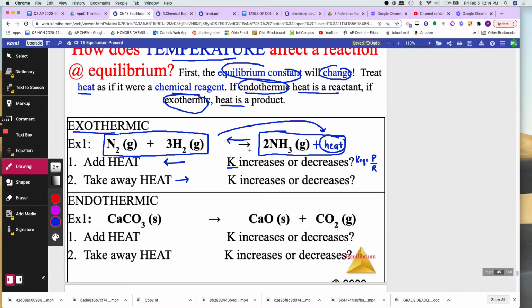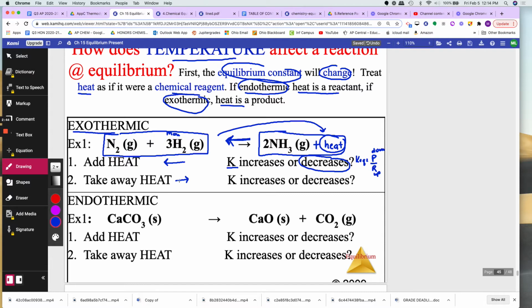The number of products will go down because you're going left, you're going backwards, and the number of reactants will go up. If the reactant number goes up, K equilibrium will have to go down, so it'll decrease. Pause the video and do the next one, number 2.